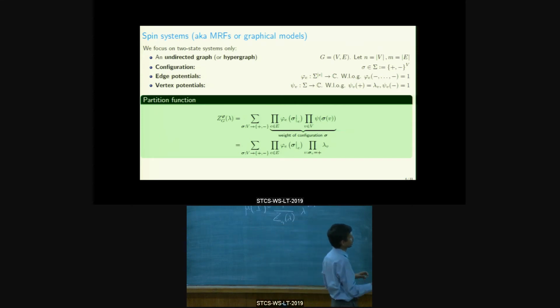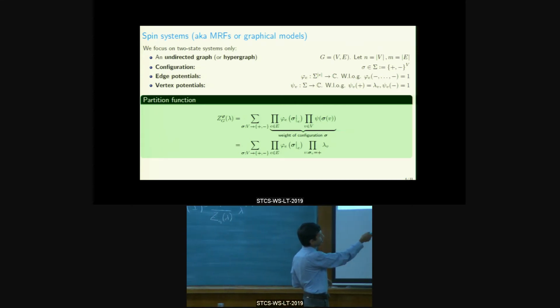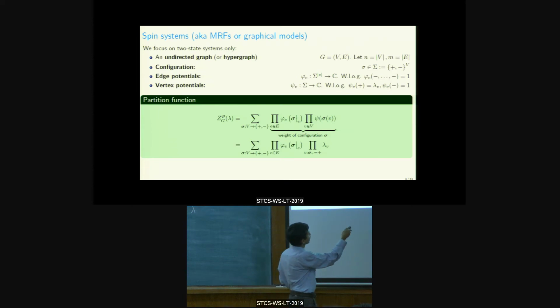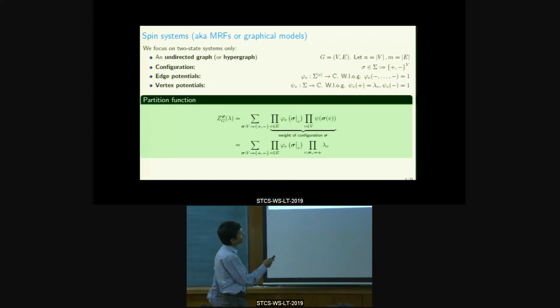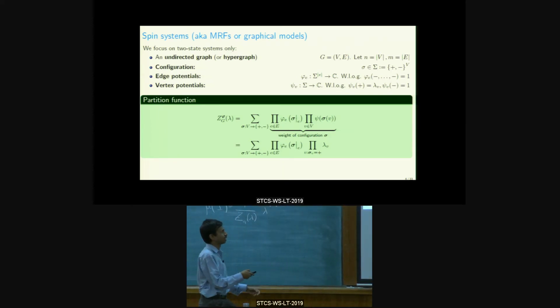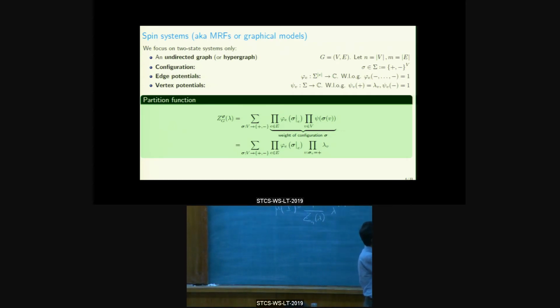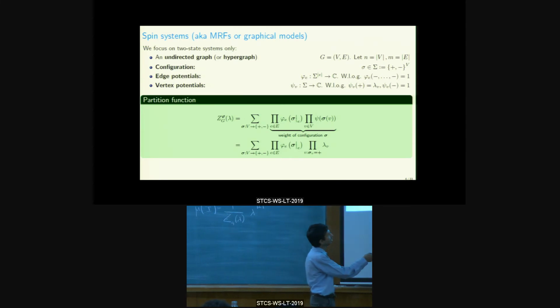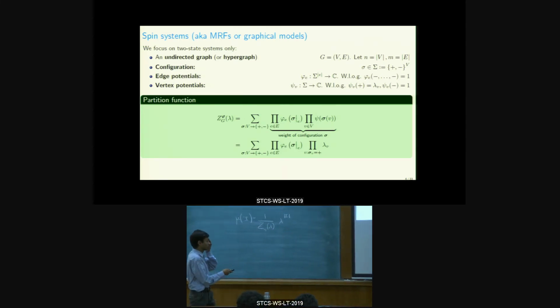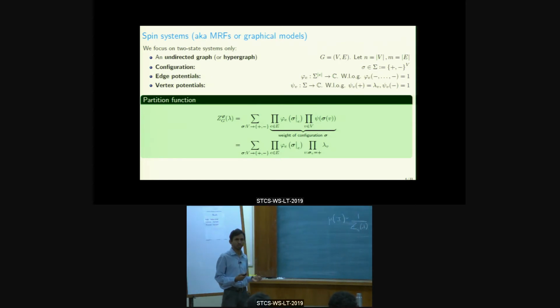And then we can also have vertex potentials. These edge potentials correspond to beta in the previous example, and these vertex potentials correspond to lambda. One can define the partition function just as before: you go over all the configurations, multiply all the vertex potentials and all the edge potentials, and that's the partition function. One could ask for approximating or sampling from such distributions.